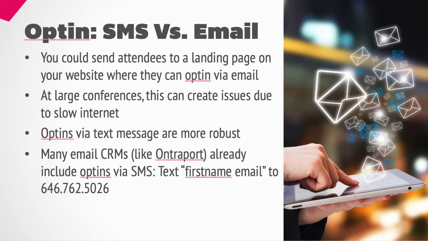So many modern email CRMs, for example, Entreport, already have this built in, and you can just tell your audience, text your first name and email to this particular number, and then they're on the sequence. It's super simple.